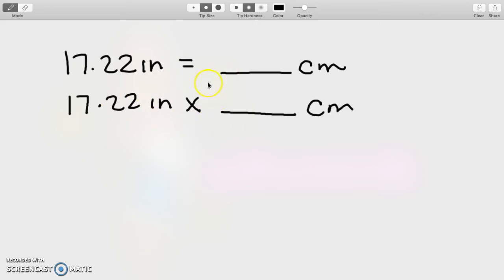So notice in the beginning we found out the relationship: 2.54 centimeters is approximately 1 inch. Like I told my class, the numbers correspond with their units. So if centimeters is here, we're going to put 2.54 centimeters here. We're going to put 1 inch here. This gives us an opportunity to divide out the common units, and the common unit is inches.